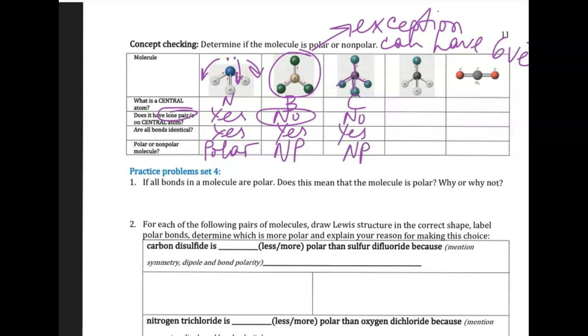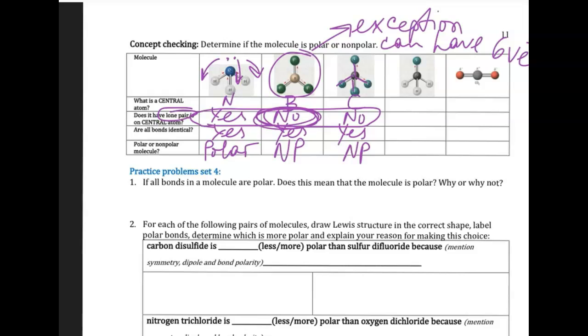All bonds are identical, no lone pairs, symmetrical, so it's a non-polar molecule. And you can see that to be a polar molecule, it needs to have lone pairs.